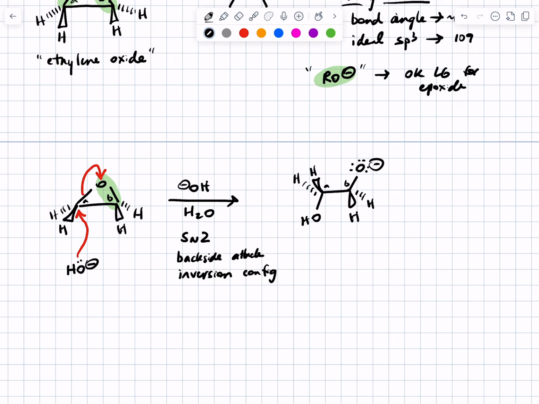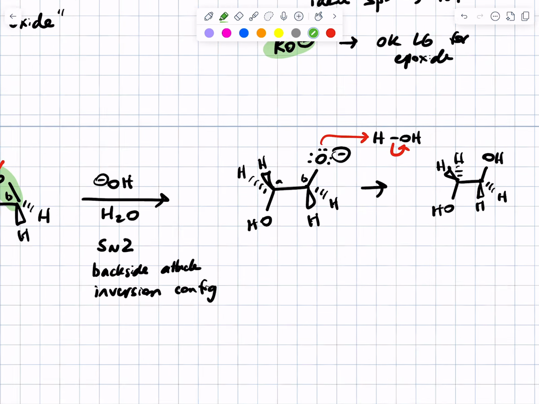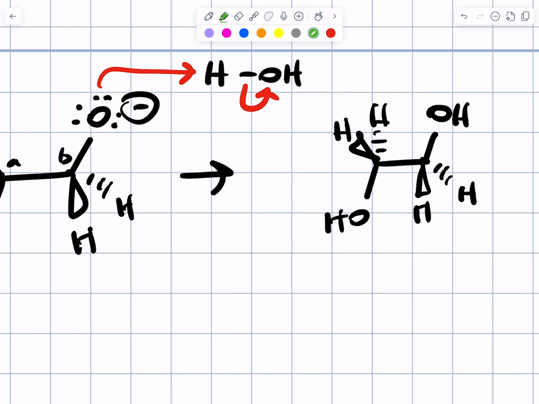Now, because we're in water solvent, usually the negatively charged oxygen of the epoxide is going to pick up a proton from solvent, or we'll add water during the workup stage when we're preparing the reaction for purification. And the final product that we get is going to be this molecule, and the structural pattern of this molecule is, we'll call this carbon 1 and this carbon 2.